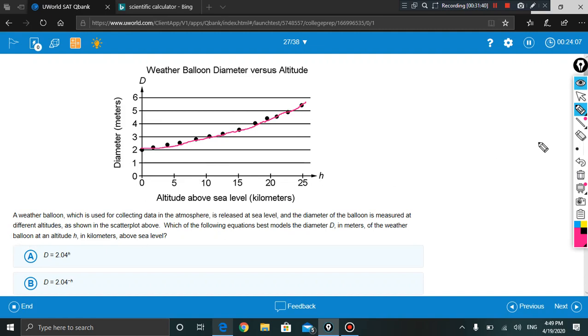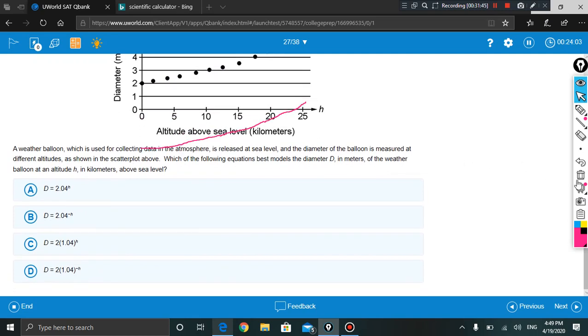well, let me tell you this. Oh, actually, let me erase that. Those two are out. You know why? Because at this point the y-intercept would be 1, and it's 2. So it's either this one or this one. I believe it's this one.